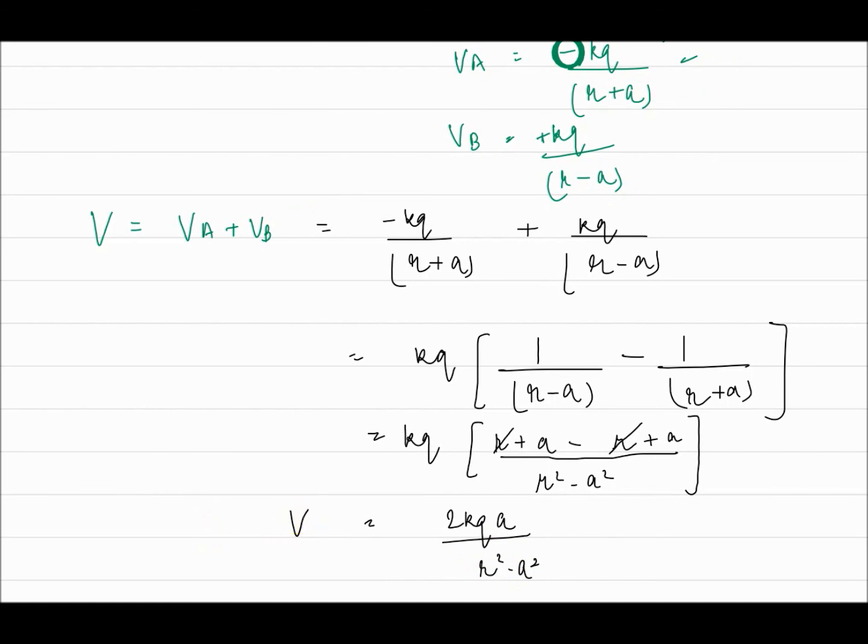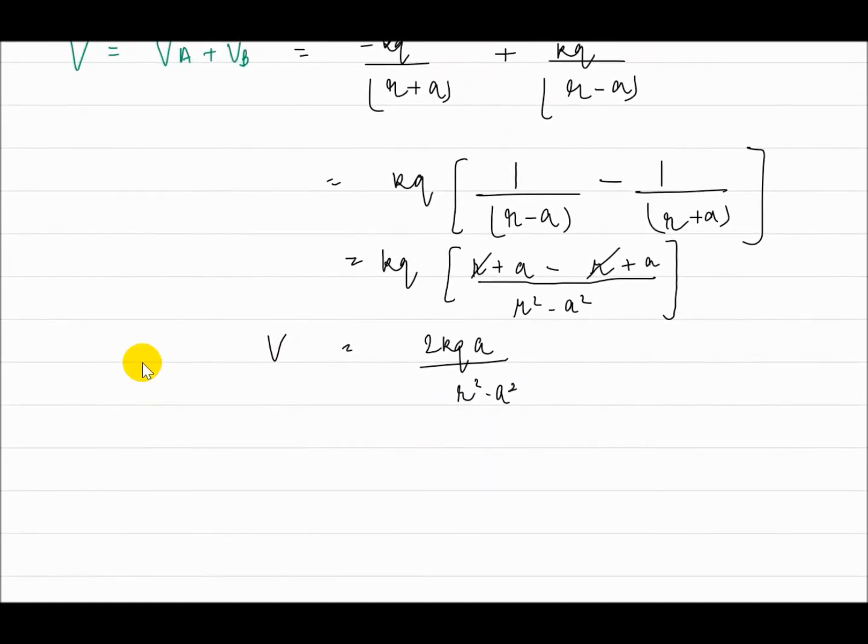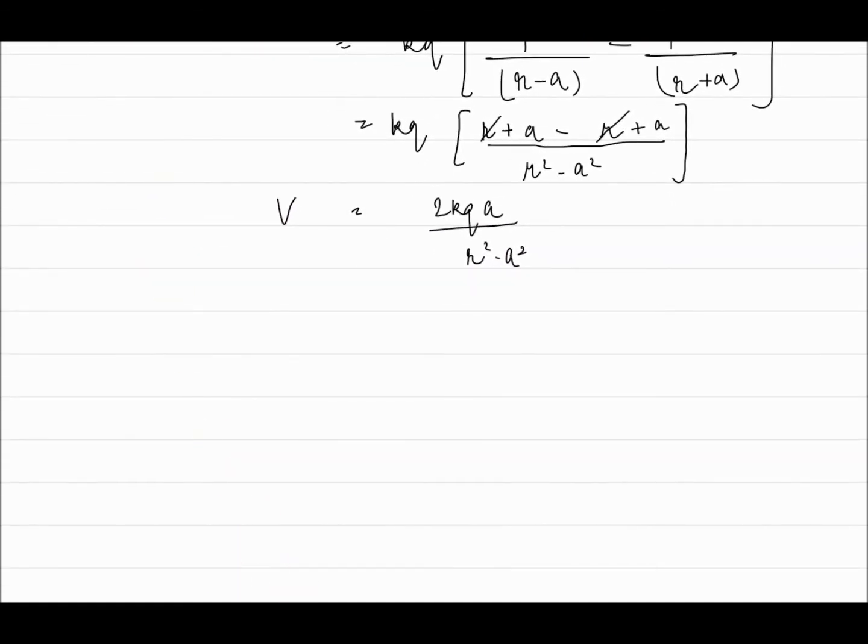V is equal to, as we have done in the previous derivations, 2a into q is the dipole moment. So it becomes kp upon r square minus a square.